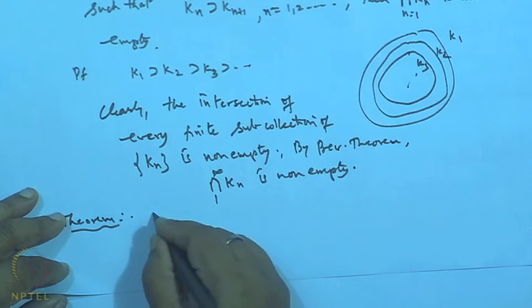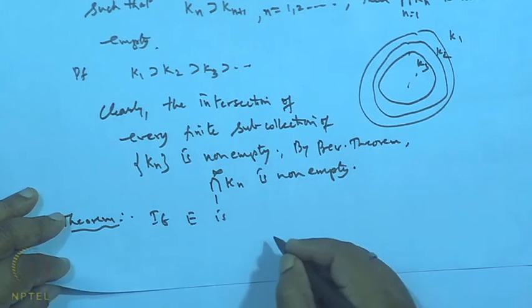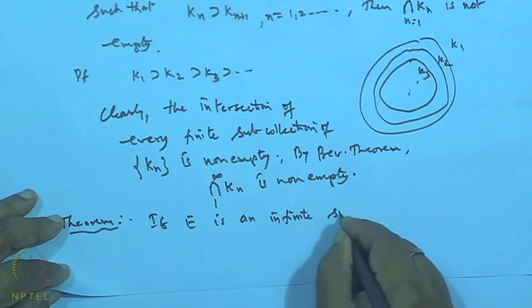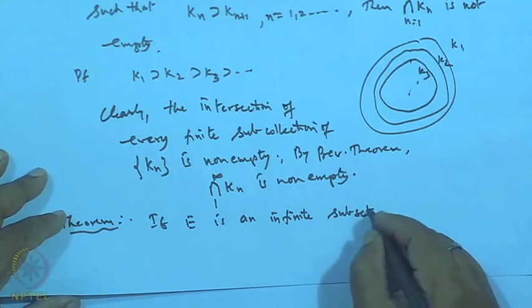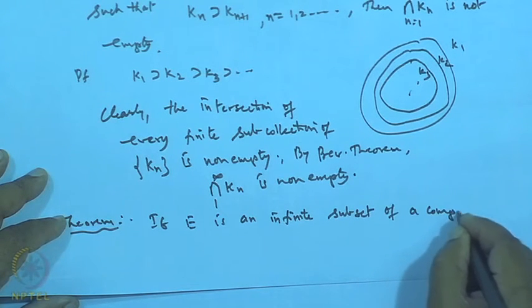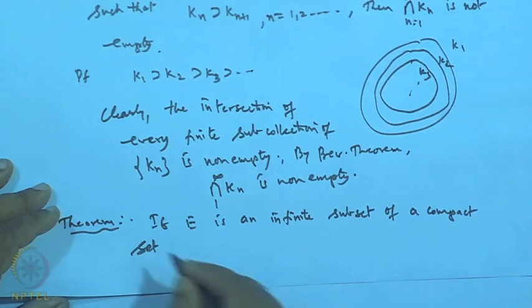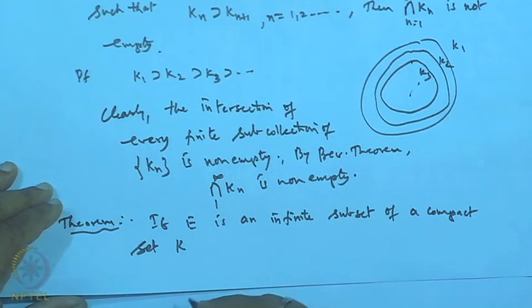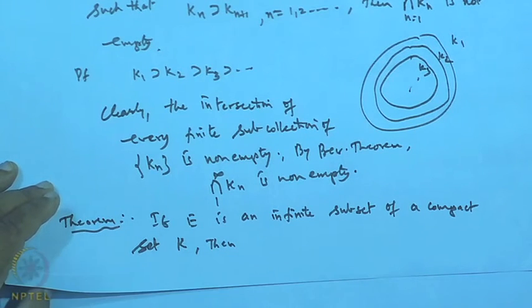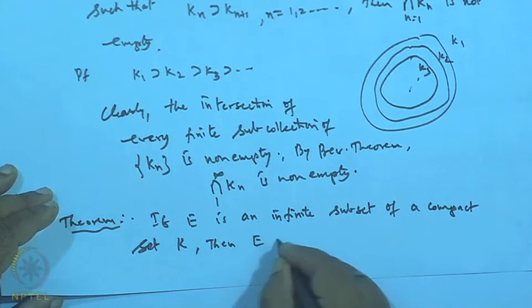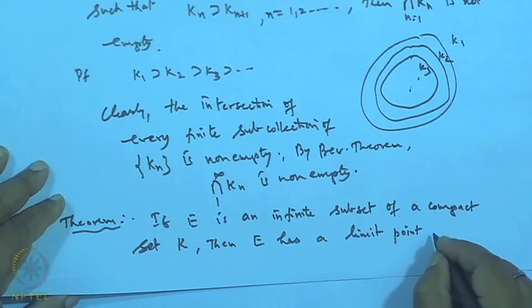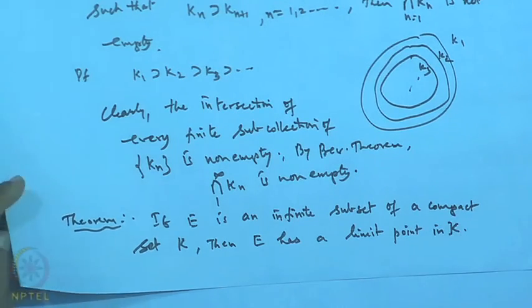If E is an infinite subset of a compact set K, then E has a limit point in K. We prove this again by contradiction.